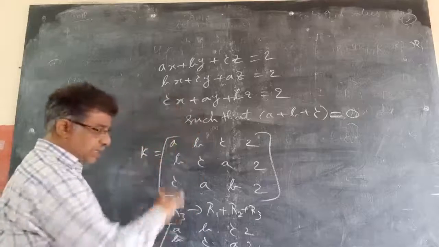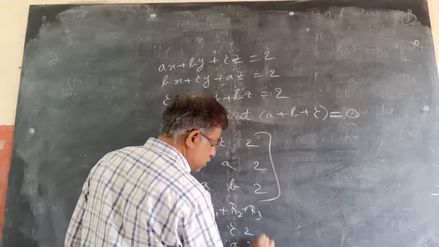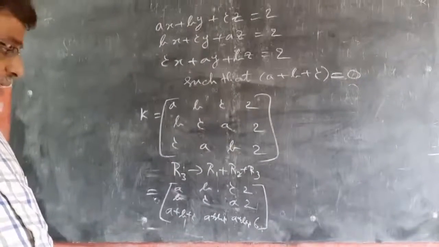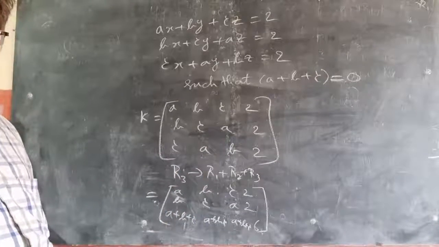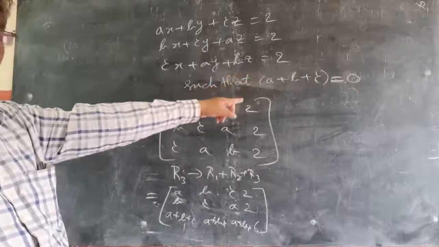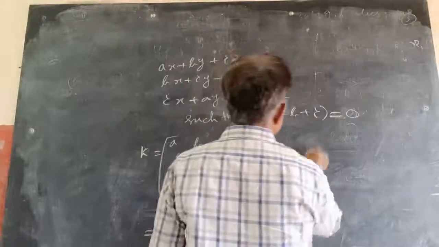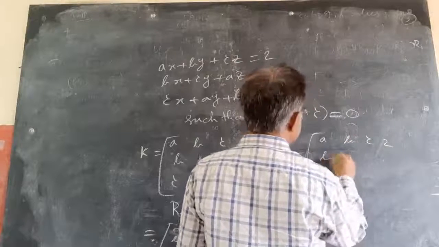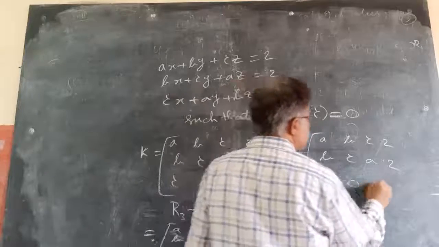Just adding all three rows, what do I get? 2 plus 2 plus 2 is 6. Now we say a plus b plus c is 0, so I will get here 0, 0, 0. The final result becomes a, b, c, 2; b, c, a, 2; and 0, 0, 0, 6.